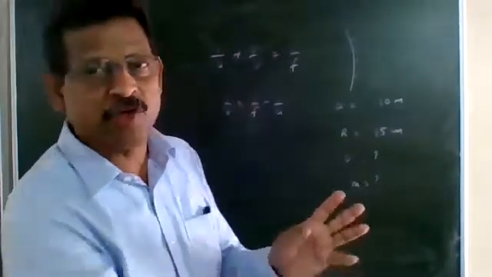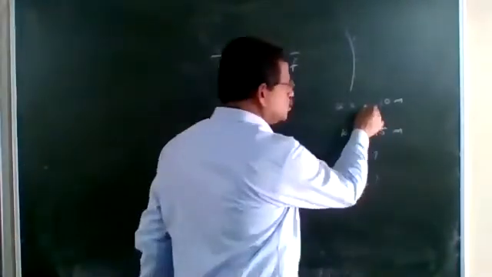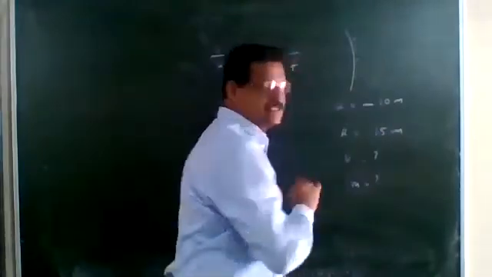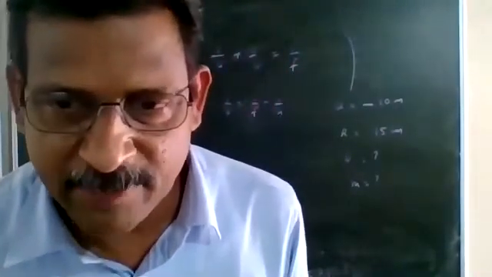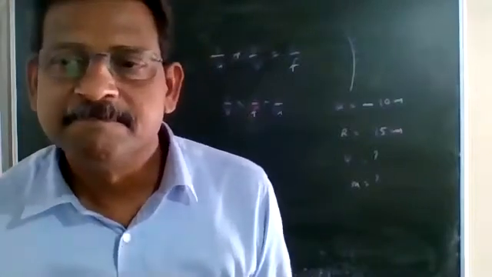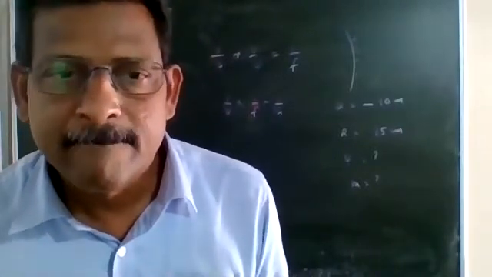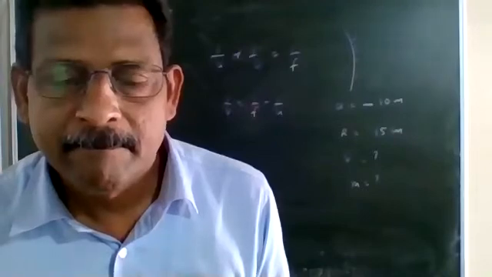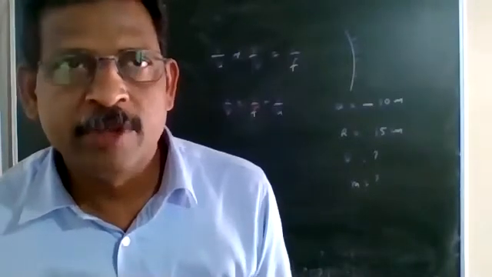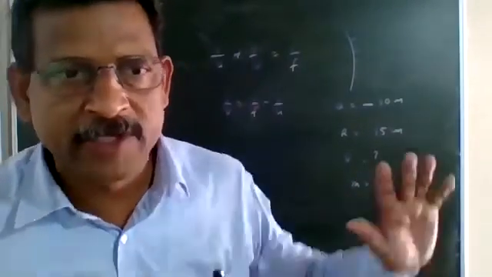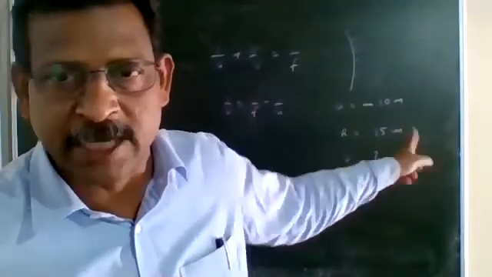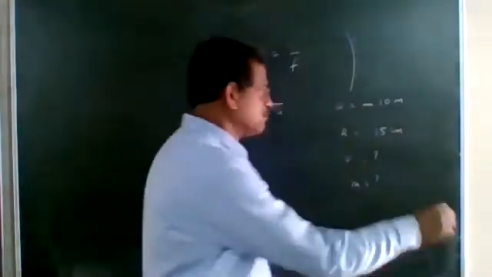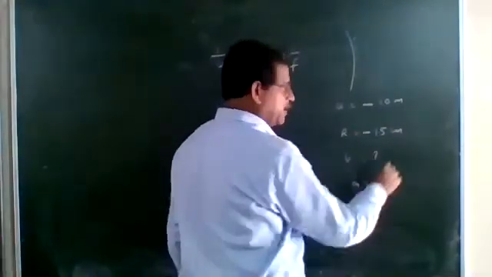Object is always on the left side, so u should be equal to minus 10 centimeter. What should be r, plus or minus? Anyone? Minus, because the center of curvature is on the left side. The focal length of a concave mirror is negative, so signs are to be used here. It is minus 15 centimeter.